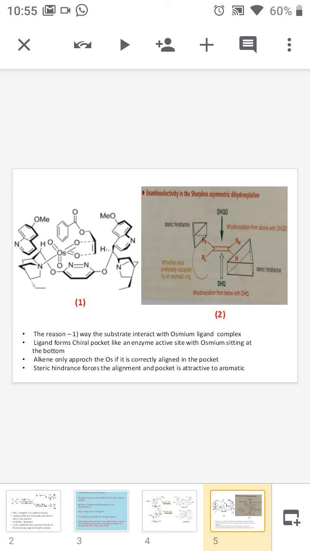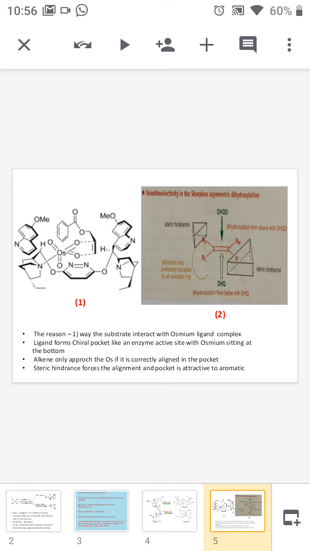Here we can see that this osmium tetroxide chiral catalyst is just like a pocket, and the alkene is entering inside this pocket.